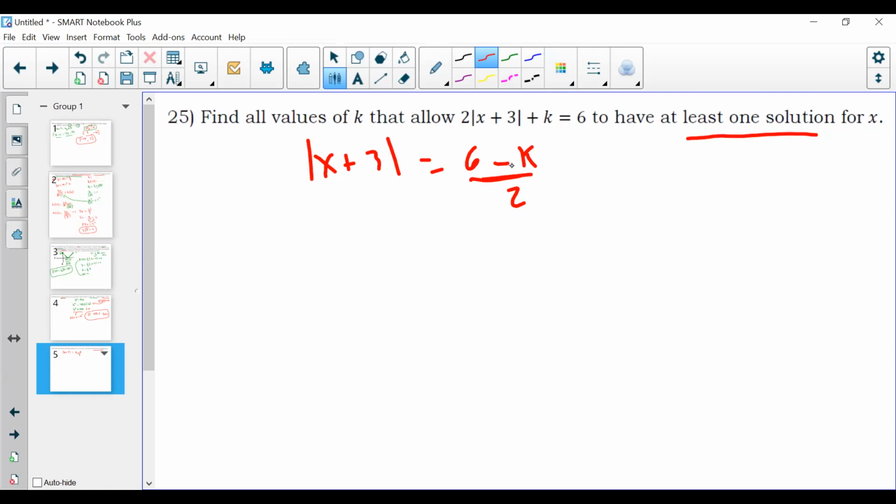For it to have at least one solution, 6 minus k over 2 has to be greater than or equal to 0.